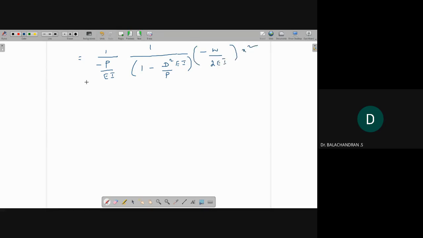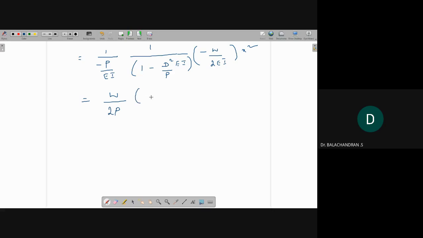So I think you can write this: EI gets cancelled, EI gets cancelled, minus into minus plus. Okay, w by 2p, w by 2p is a constant.